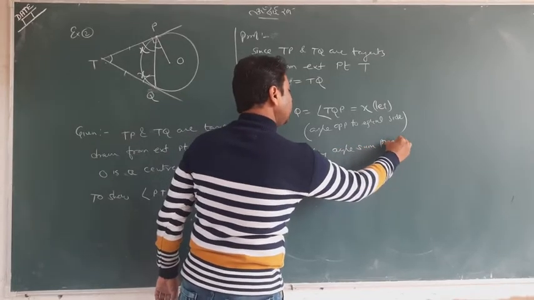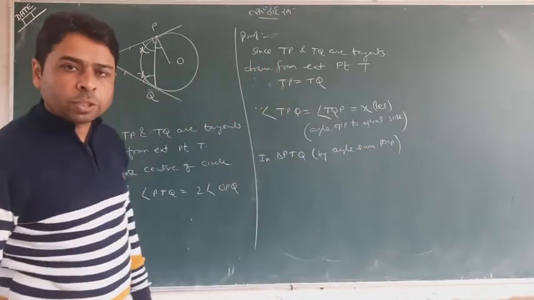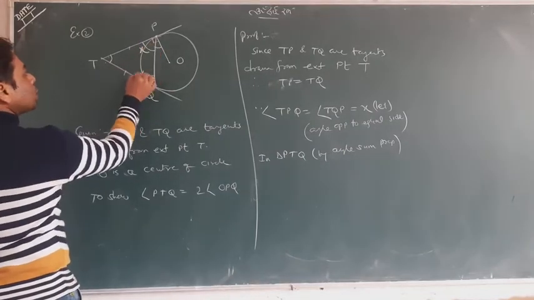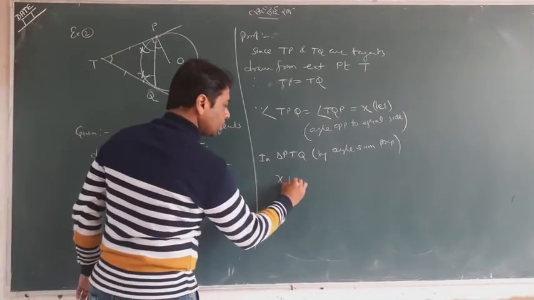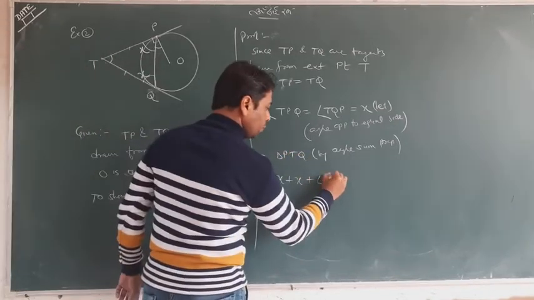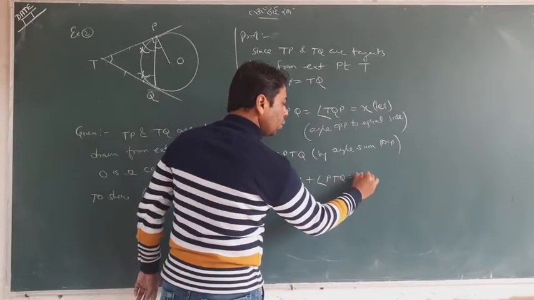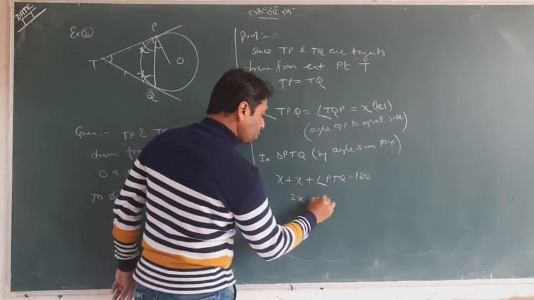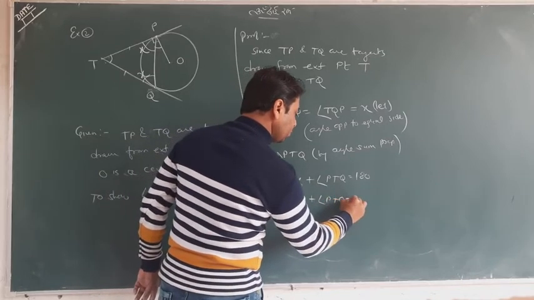what is the angle sum property? The sum of all angles of a triangle is 180. X plus X plus angle PTQ is equal to 180. So 2X plus PTQ is 180.